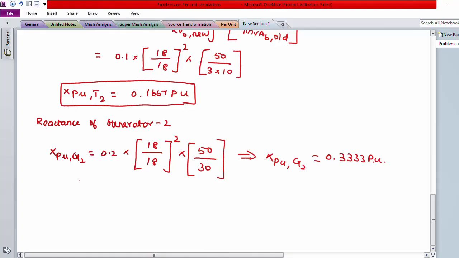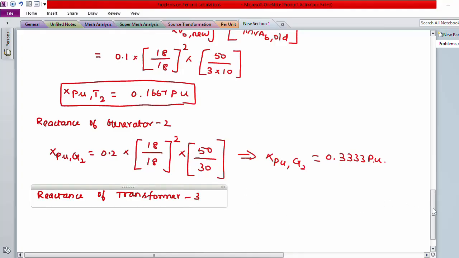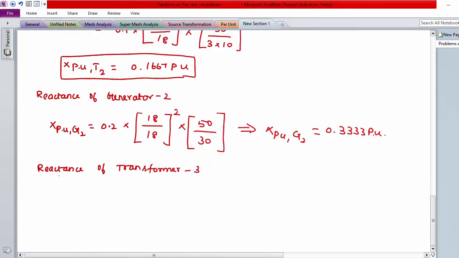Now we have to calculate the reactance for transformer 3. Again, we have to go with the same formula. Now, generator 3 is connected on the low voltage side, so again we have to go with the voltage conversion.